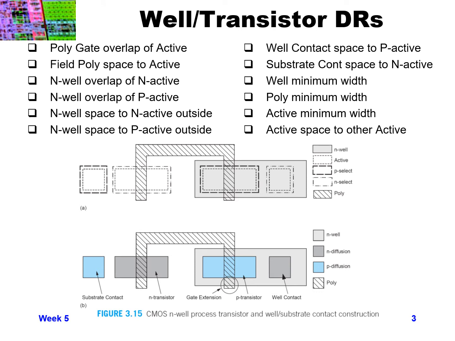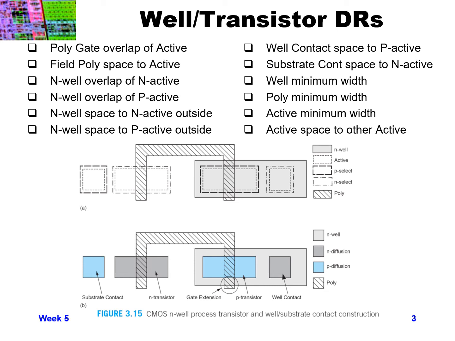So below I have listed some of the most important design rules related to wells and transistor design rules. Just going through these quickly. First, if you have your poly going over a gate region, the polysilicon has to overlap the active by a certain amount. You can't just end the polysilicon right at the edge of active.